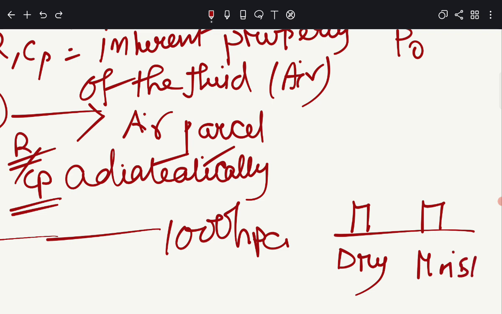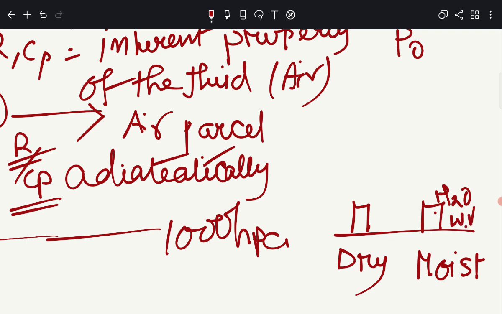Moist means just some water vapor is added within that air parcel, which is very normal. In the normal case scenario, most of the time you have completely dry air, right? So this is nothing but a little bit of H2O in the form of water vapor.